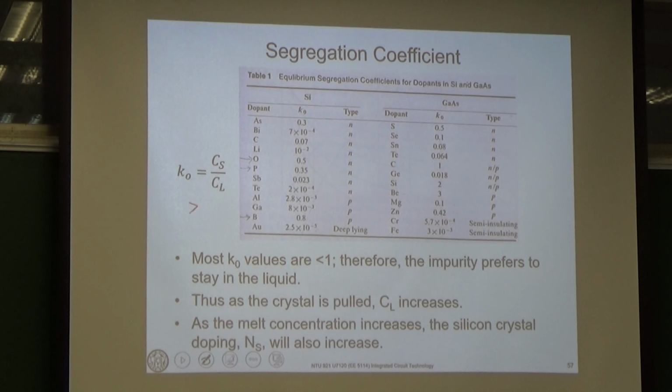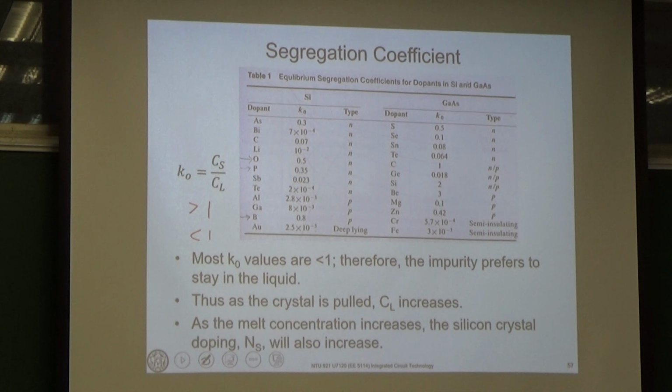If it is larger than 1, the concentration in solid is larger than the concentration in liquid, which means your dopant tends to segregate in solid rather than liquid. And if it's less than 1, it's the other way. They try to segregate in liquid rather than in solid.